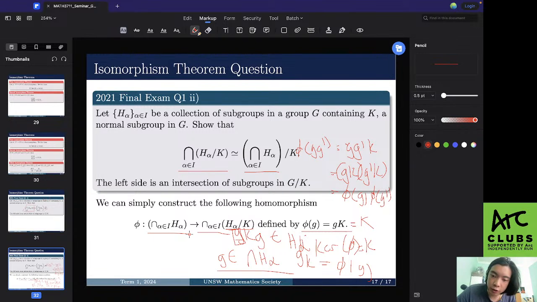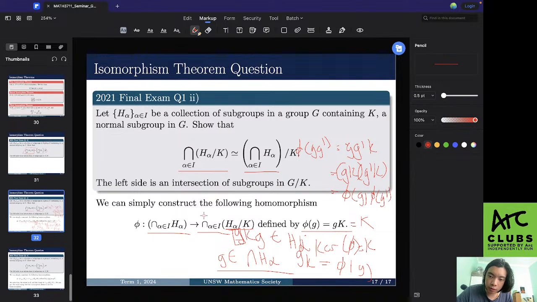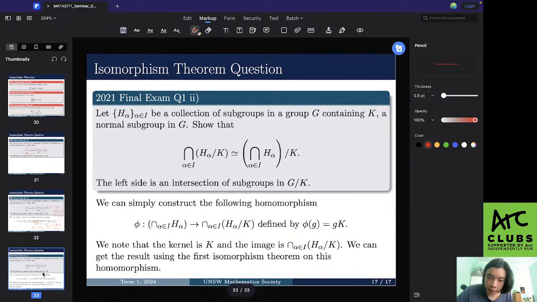Well, if it's surjective, then the image is actually just equal to this right-hand side. And so from our first isomorphism theorem, we see that this group right here over our kernel K is isomorphic to our image. And that gets us our isomorphism up here.